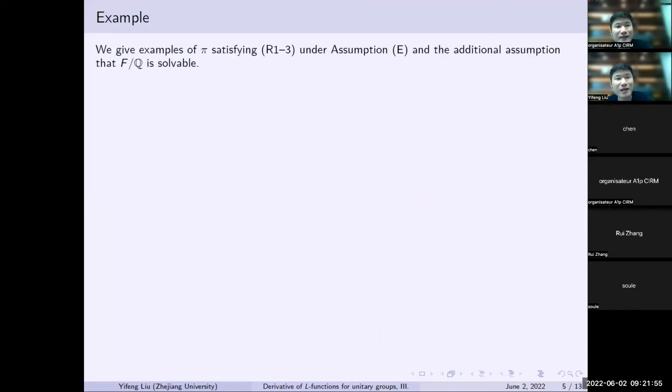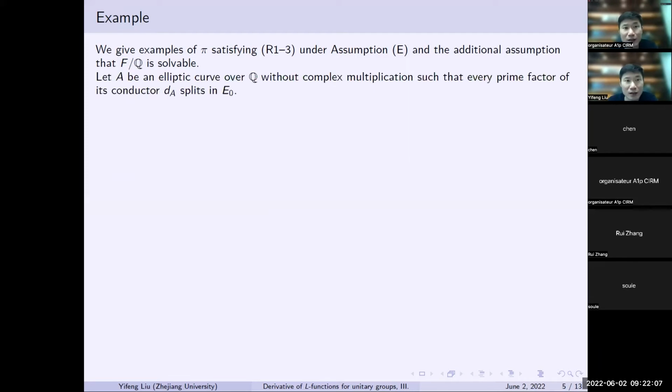We give examples of pi satisfying R1 to R3, also under assumption E, and also under an additional assumption that F over Q is solvable. We start from an elliptic curve A over Q without complex multiplication, such that every prime factor of its conductor dA splits in E0.